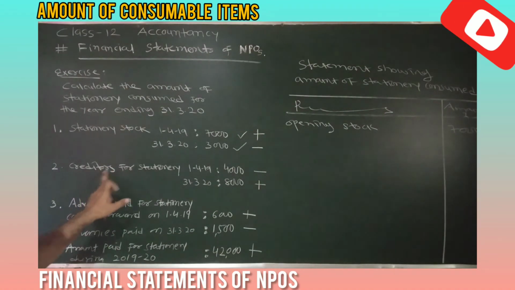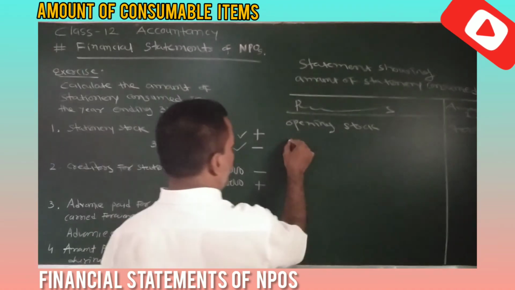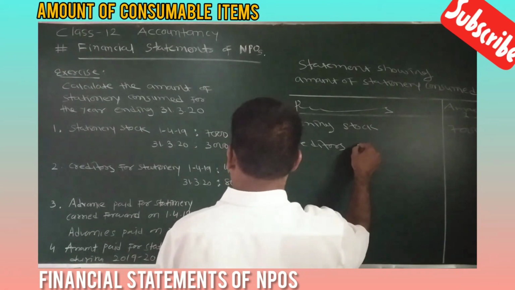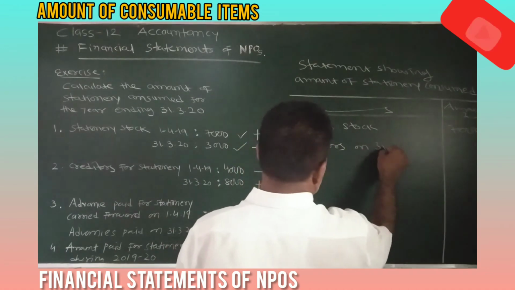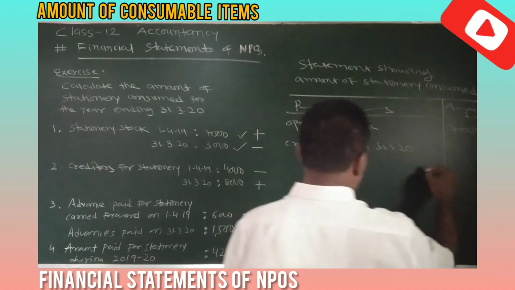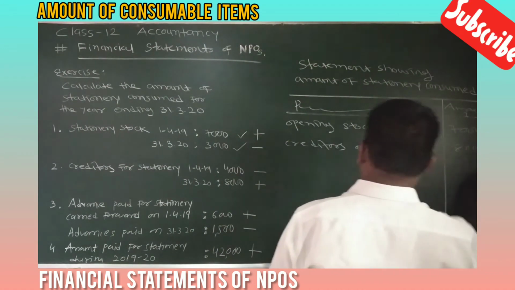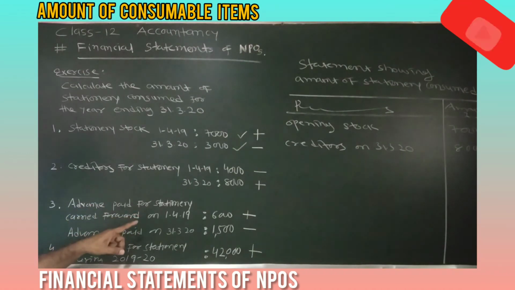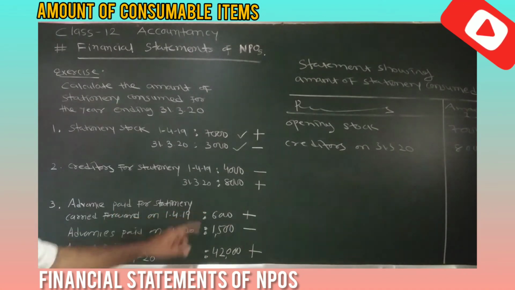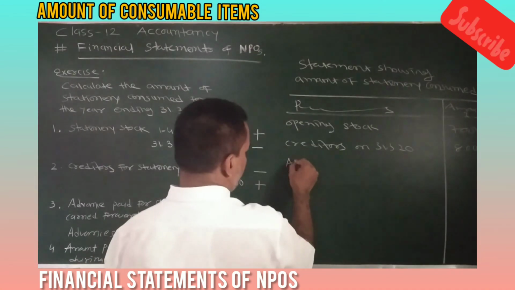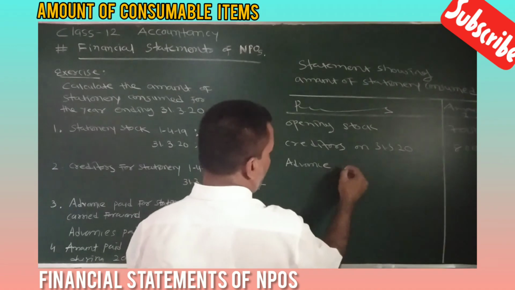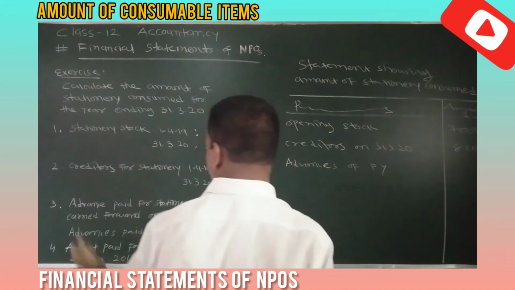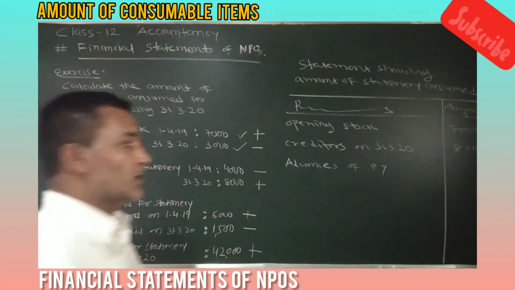Then creditors, closing creditors. Creditors on 31st March 20, 8,000. Then advance paid in the previous year, rupees 6,000. Advances of previous year, 6,000 rupees.